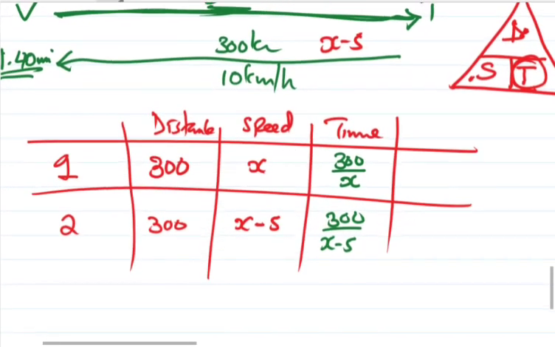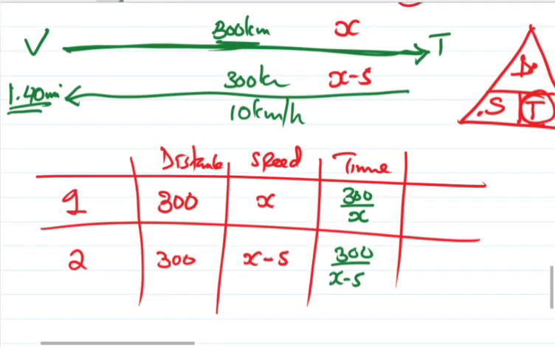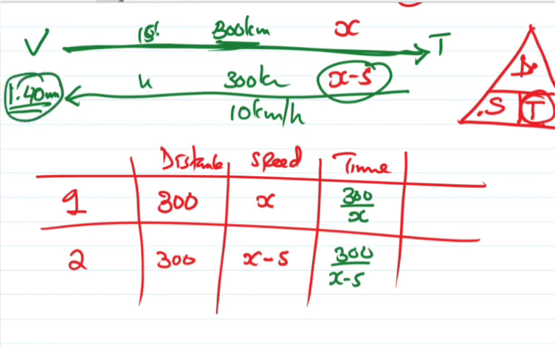But remember, the speed has decreased. Imagine he travels at 10 km per hour instead of 15 km per hour; the speed is reduced, so he travels slowly, and this journey will take much more time. So the difference between this one and that one is 40 minutes. That's the difference between the two journeys in terms of time.